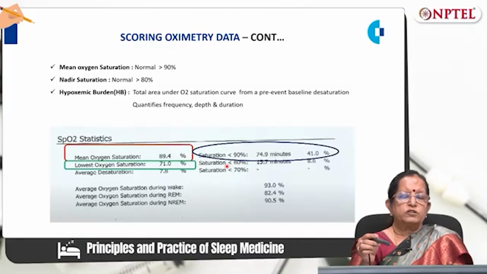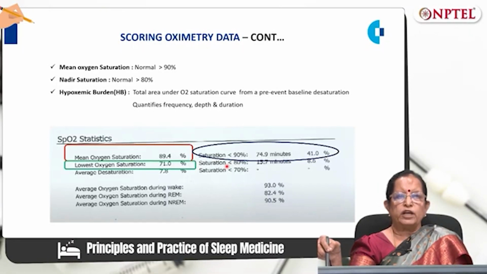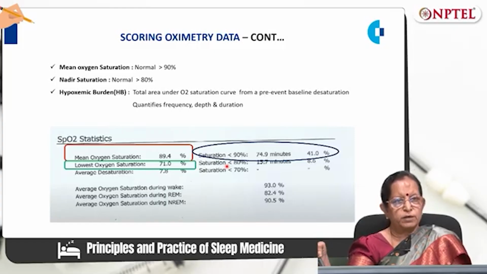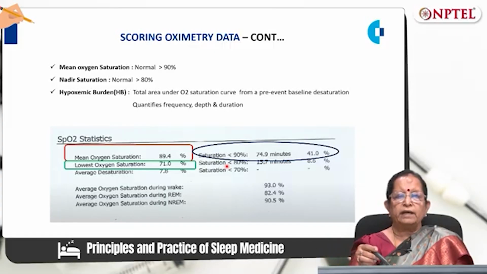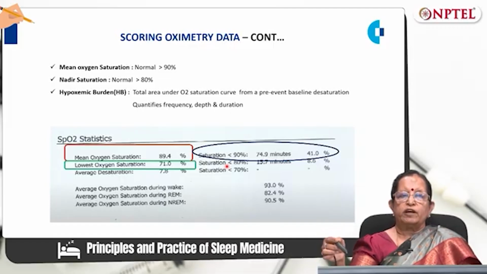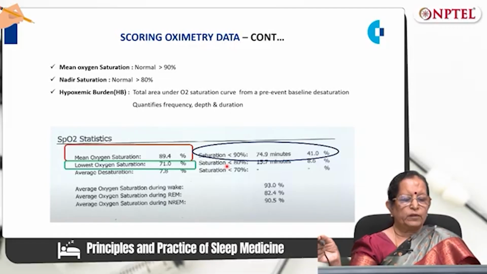Then I told you about mean oxygen saturation. Normally it should be more than 90%. Lowest saturation normally will be more than 80%. If it goes below 80%, it is very serious. Hypoxic burden is the total area under the oxygen saturation curve from the pre-event baseline. It quantifies the frequency, depth and duration.